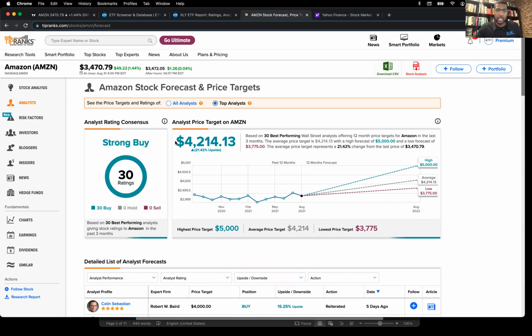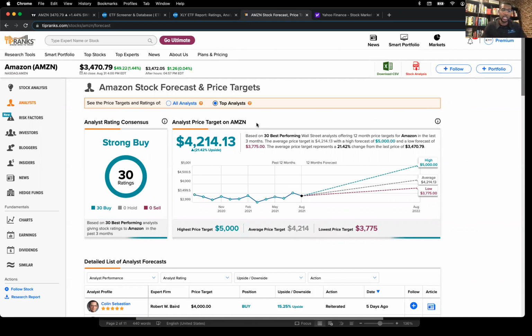The price forecast for this is $4,214.13. What that means is all 30 of these analysts think that by the end of this year, Amazon's price should be at or around $4,214.13. From the point that it's at right now today, that's a 21.42% price increase from where it's at right now.